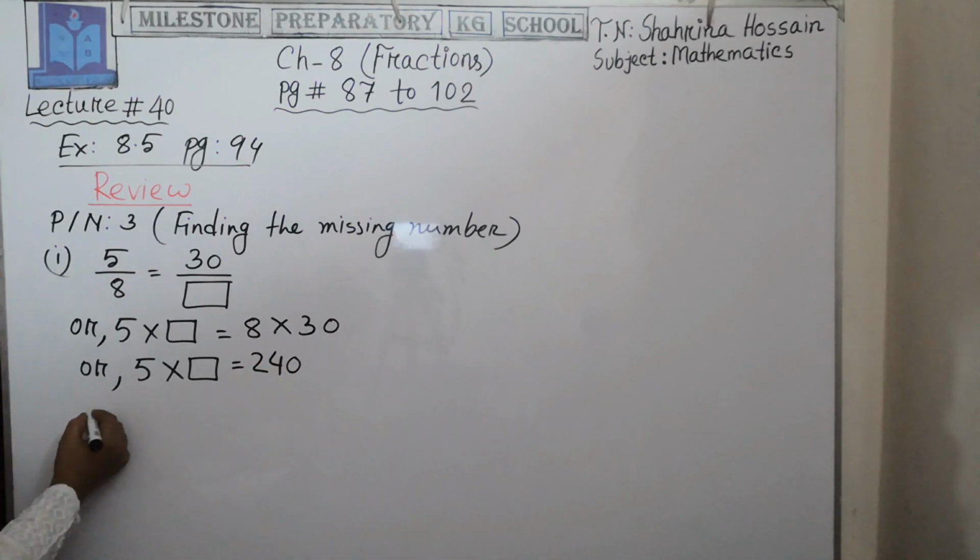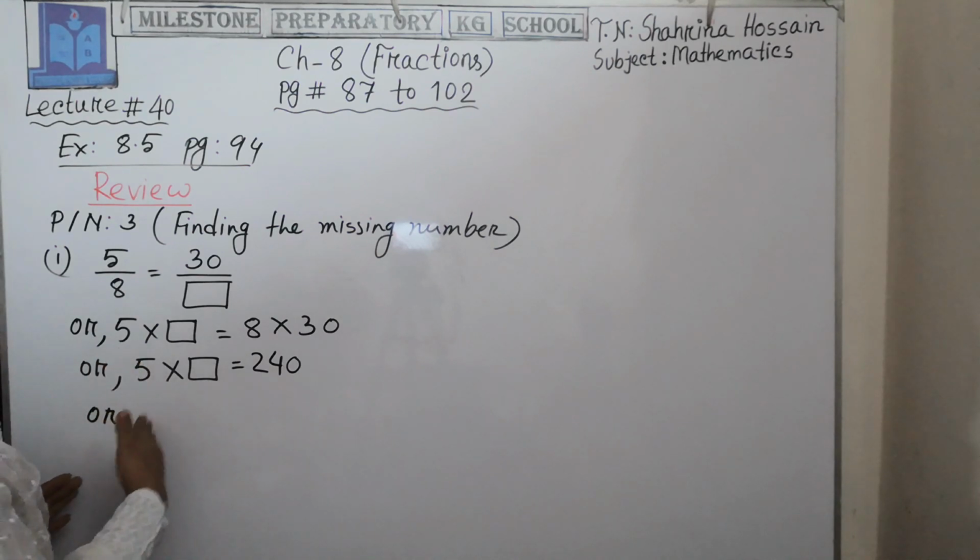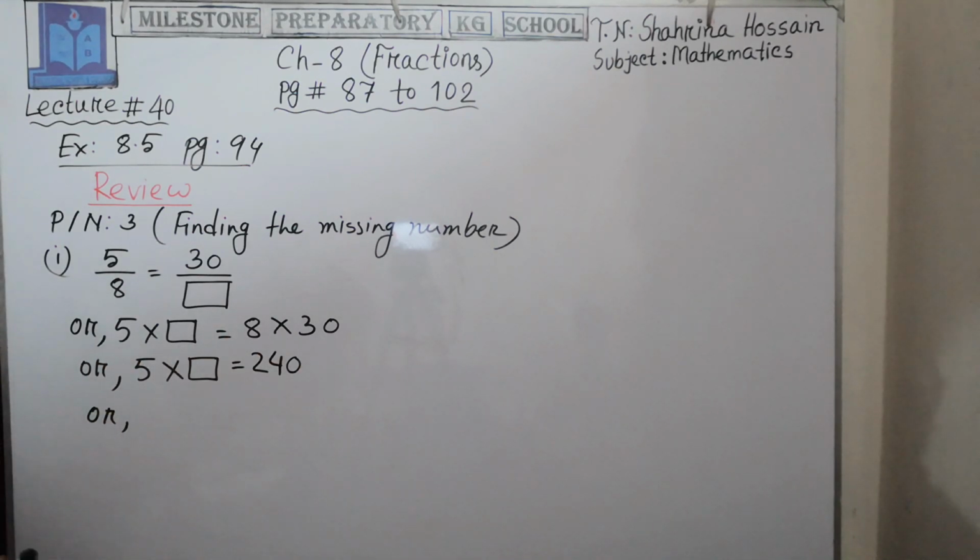Okay. Now we know in this process, I can shift the number 5 from left side to right side. If we exchange the position of the digit, its sign also changes.